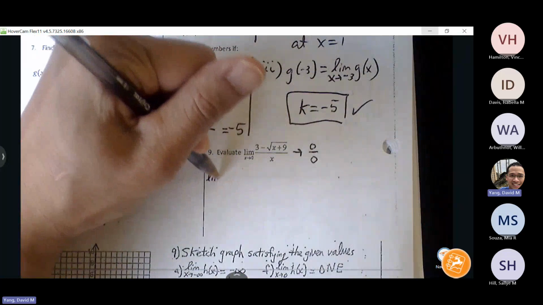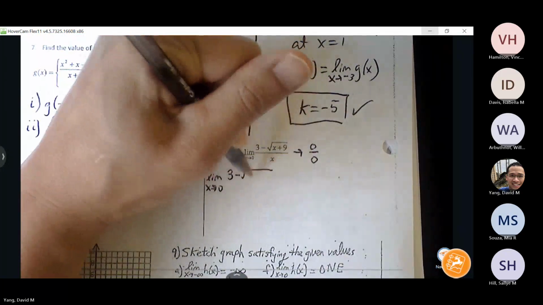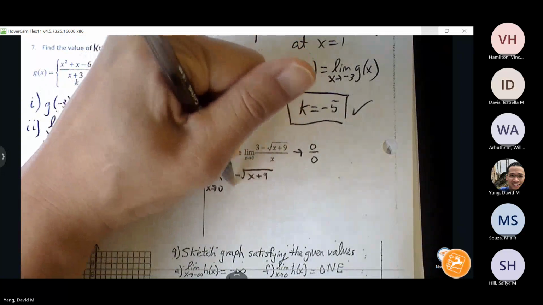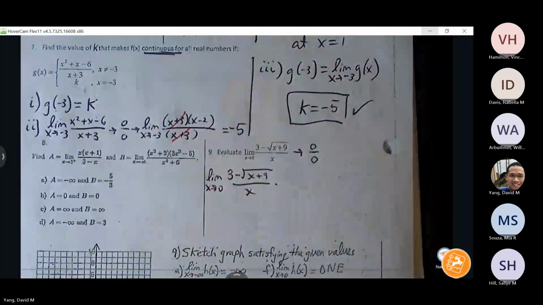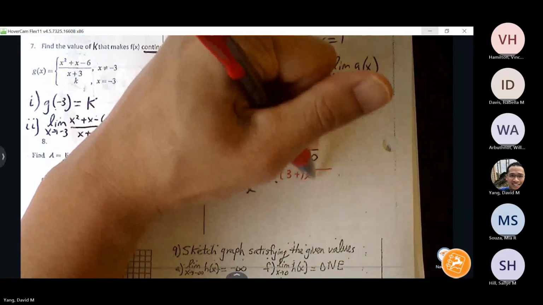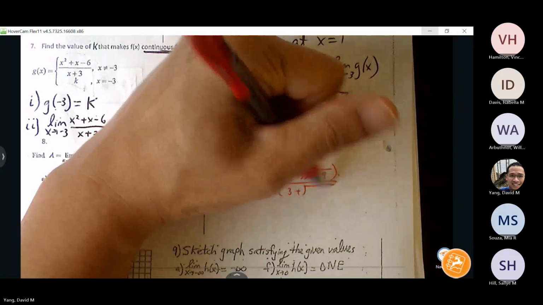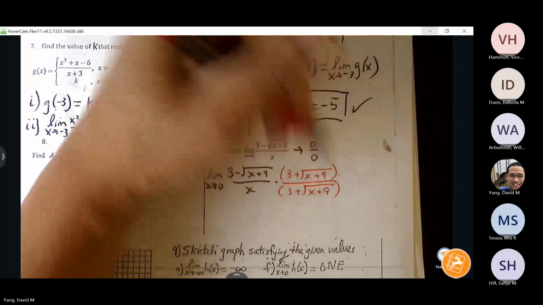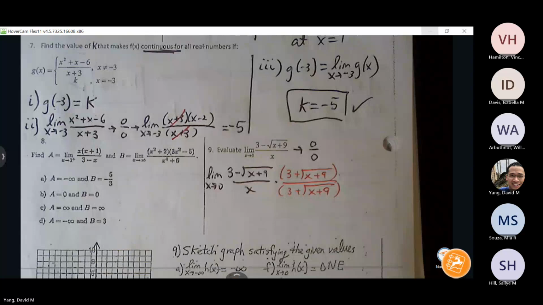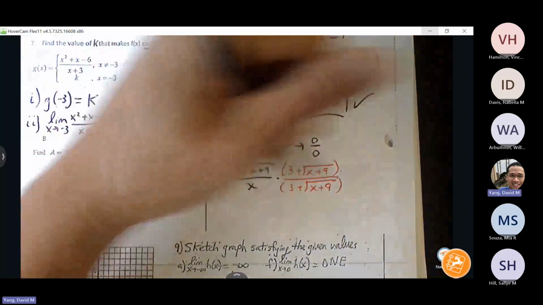Conjugate. Right, so we clean up the top, but we leave the denominator alone.